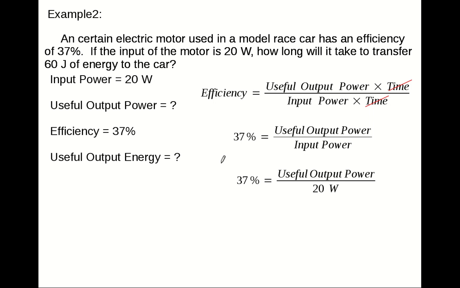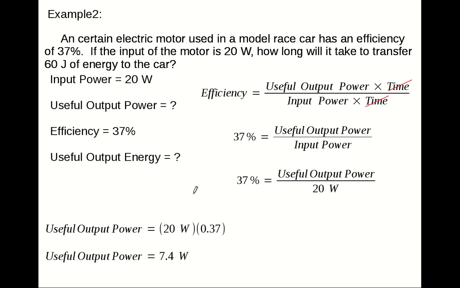So we'll substitute in the values that we have here. 37% for the efficiency is equal to useful output power over the input power, which is 20 watts. And so we'll rearrange that to get the useful output power by itself. So 20 watts times 0.37, which means 37%. And we get 7.4 watts for the useful output power.